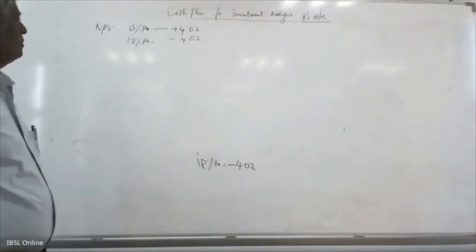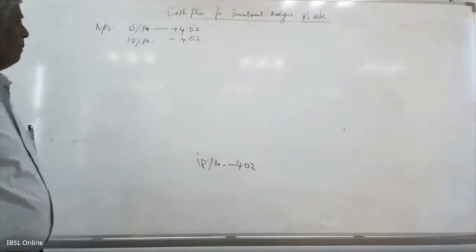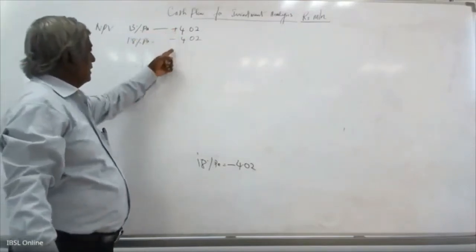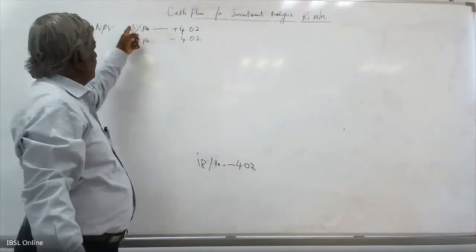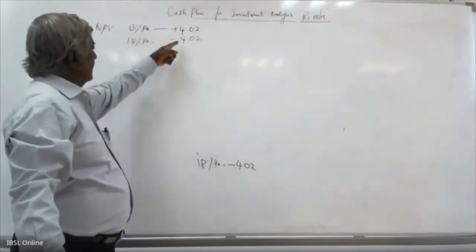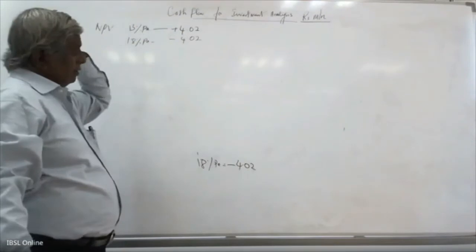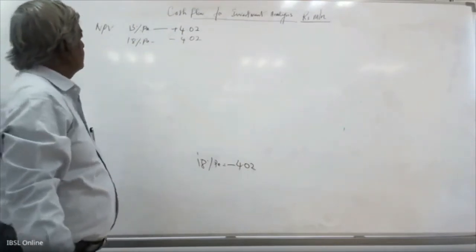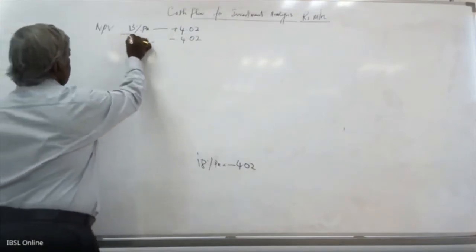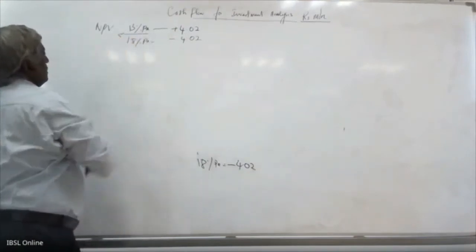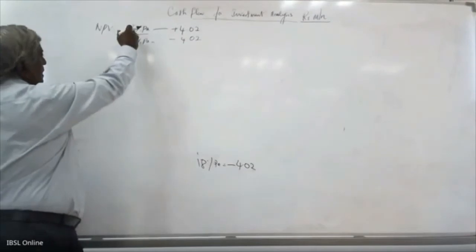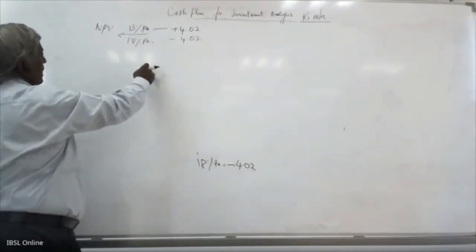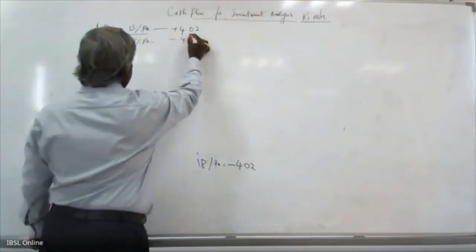So the NPV may be 0 somewhere, because it is positive at 13% and negative at 18%. It may be 0 between 13% and 18%.